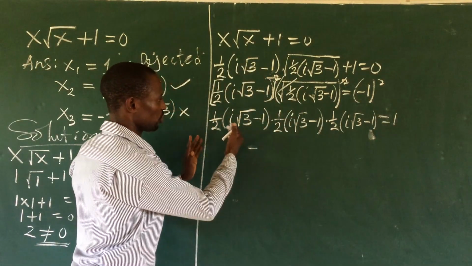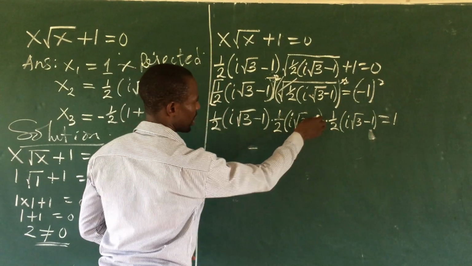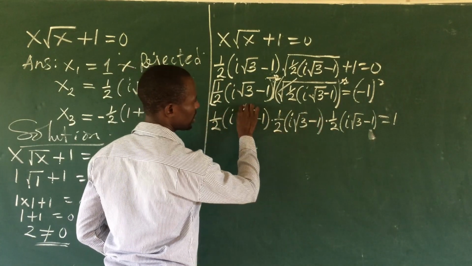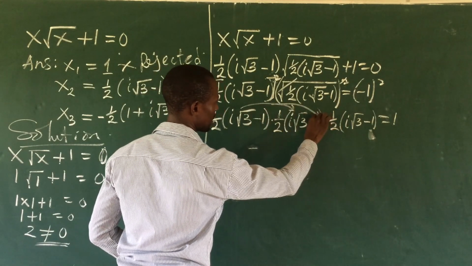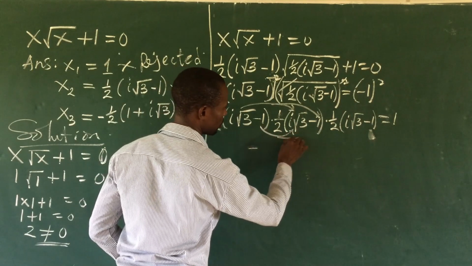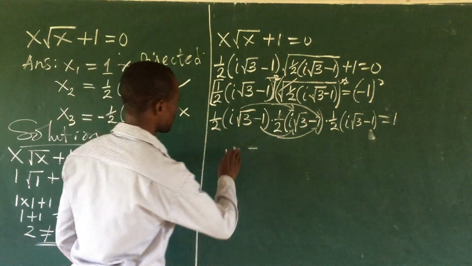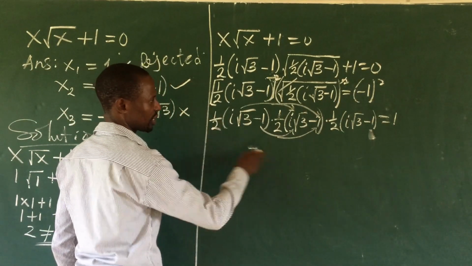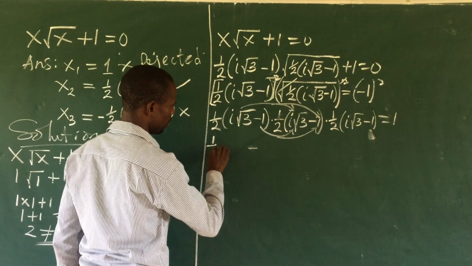Now, what we do now, we want to use this first to open up this. So if we are to handle this first, we have to use this to multiply this. We use this also to multiply this, while we use this minus 1 to multiply this, and also use it to multiply this. So, if we go by the arrow movement, let's bring out this 1 all over 2 and this 1 all over 2. So, we have 1 all over 4.